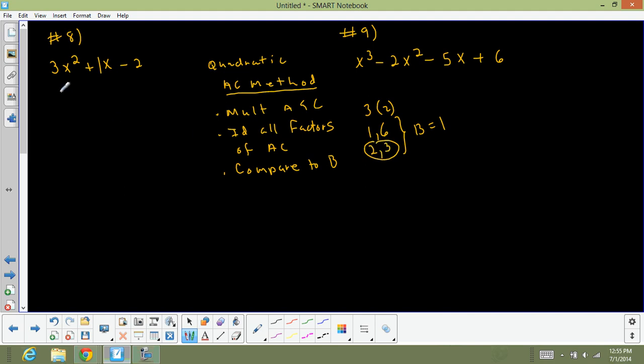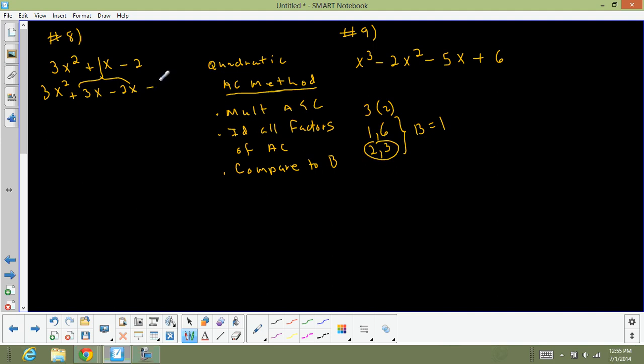And so this is where you might hear it called split the middle. So I'm going to explode this middle term, and instead of writing it as 1x, I'm going to fashion it as plus 3x and minus 2x.